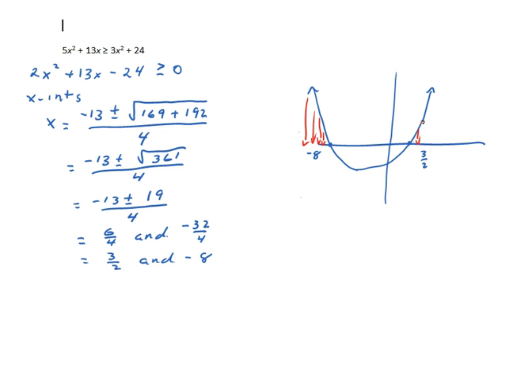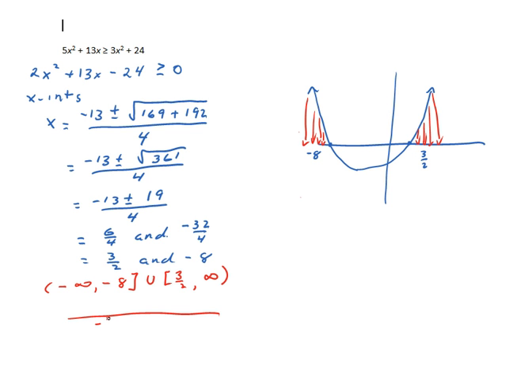So we'll have outside the x-intercepts. So this will be the interval from -∞ to -8, this time including the -8, union the interval from 3/2 to infinity, including the 3/2.